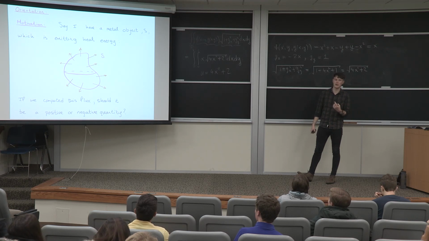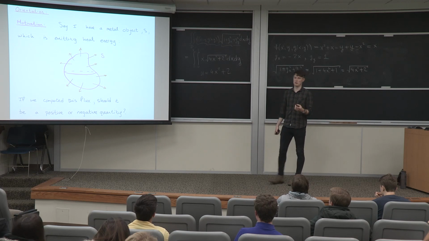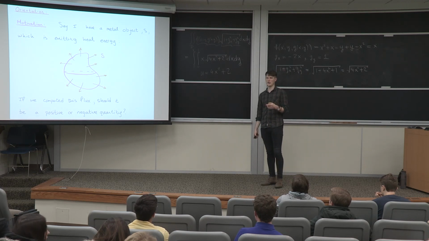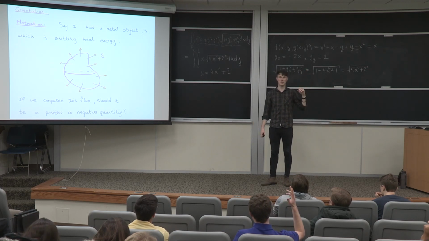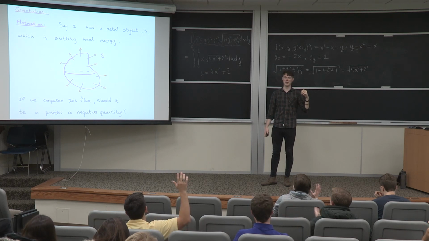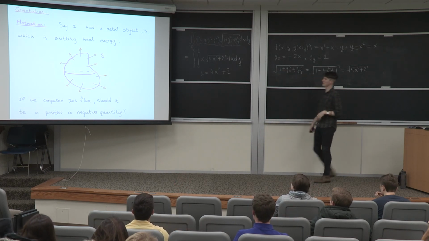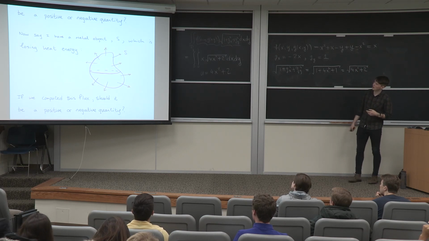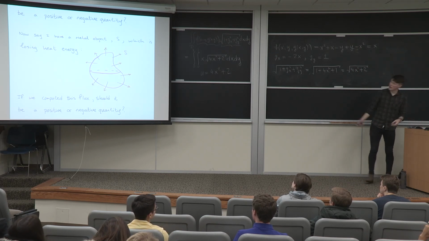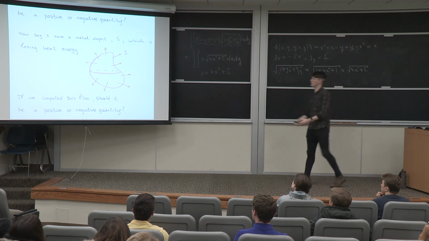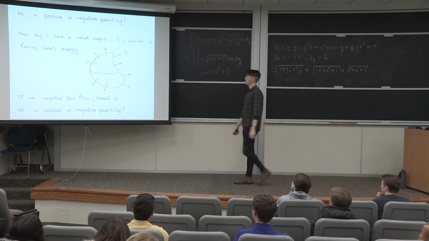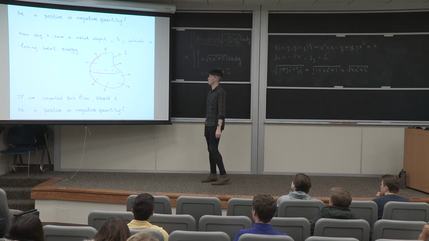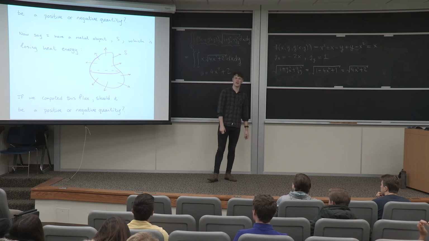Who thinks positive? Who thinks negative? Sort of half and half. Now, new hypothetical: say I have a metal object S which is losing heat energy. If you computed this flux, should it be positive or negative? Negative. So everyone's kind of switched.